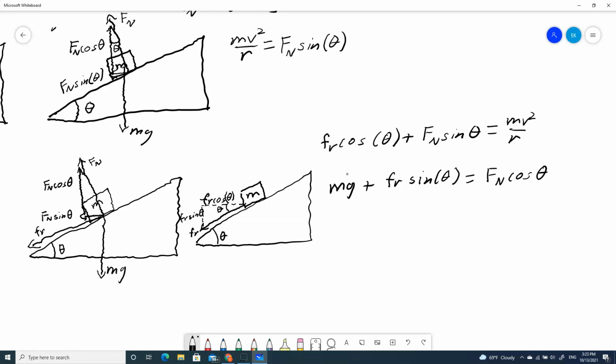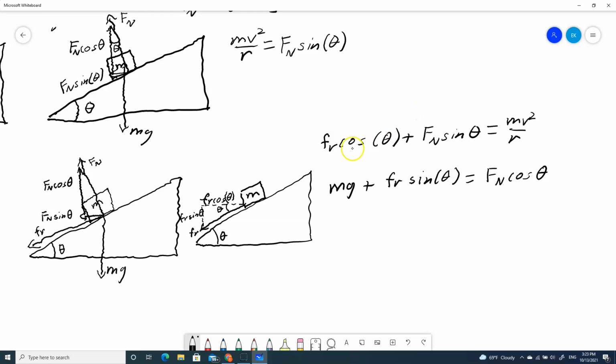If they are in fact equal, the sum of mg and F_r sine theta, which are downwards forces, one exerted by friction, one exerted by gravity, and it opposes the normal force upward, F_n cosine theta, the object obviously doesn't move anywhere. It just remains in the same spot on the plane.